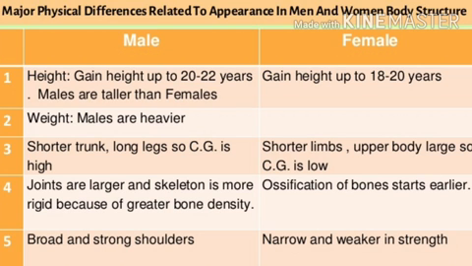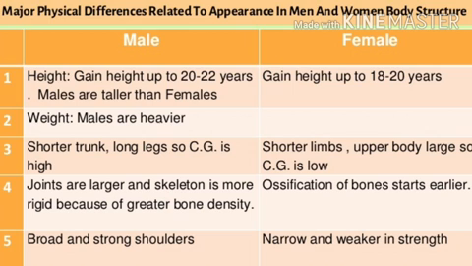Males are more masculine and females are feminine, soft and gentle, and males are supposed to be strong, with a muscular body, and their height will be large. So this is the difference in shape and size. You can easily differentiate between men and women by the shape and size of the body.